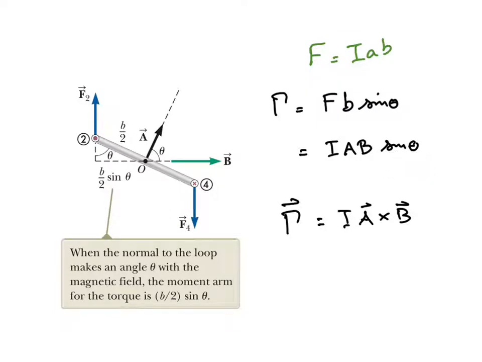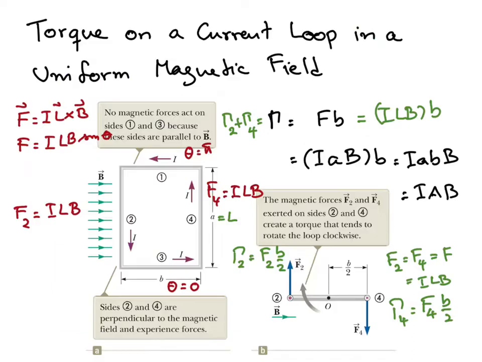Now, theta is less than pi over 2, so sine theta is less than 1. This is why I say that when the plane is parallel to B, we get the maximum torque, because in this case theta is equal to pi over 2.